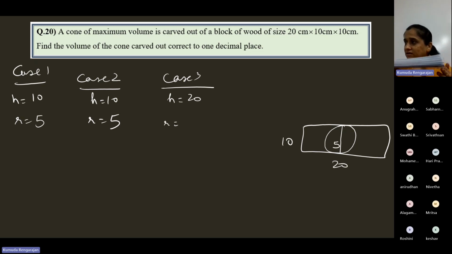Breadth 10 and height 10. So 10 by 10, diameter is 10, so radius is 5. So the biggest cone, of maximum volume, is here. Correct? That's what you should find.